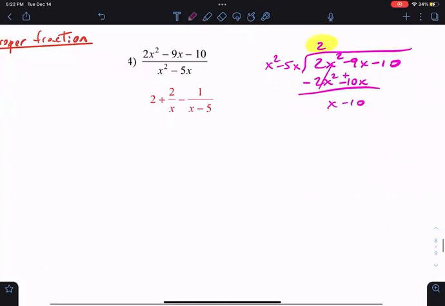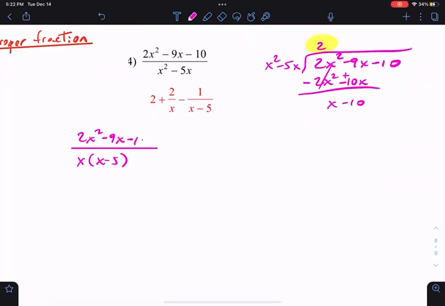And now you need to factor the denominator, right? So that's going to be x times x minus 5. And then you have here 2x squared minus 9x minus 10. Multiply both sides by this expression, x times x minus 5, and you multiply the other side the same way. So this is a over x plus b over x minus 5.